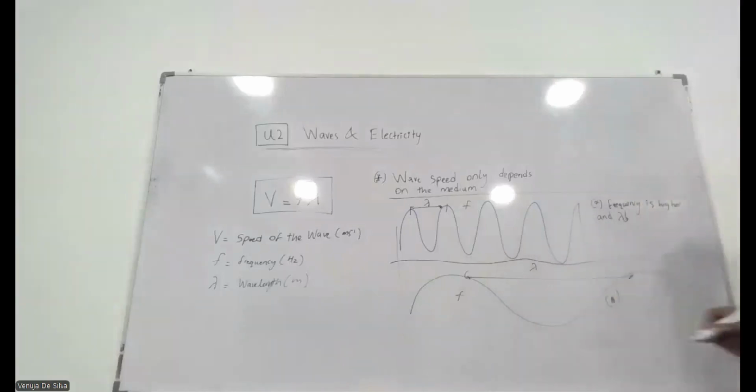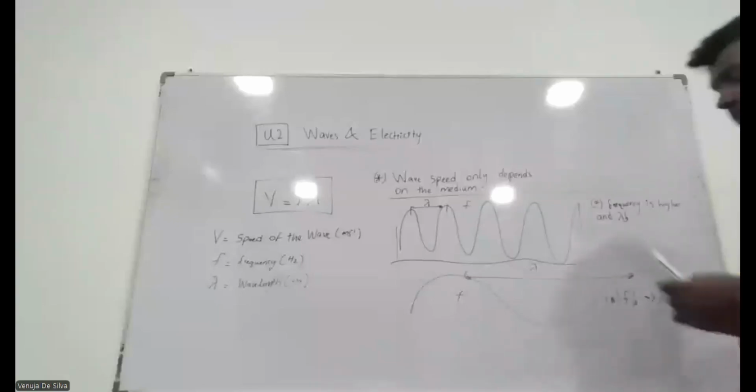For the bottom one, you write down frequency lower, lambda higher. Like this you write down.